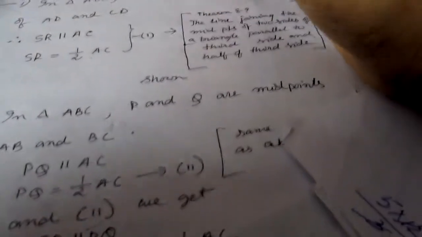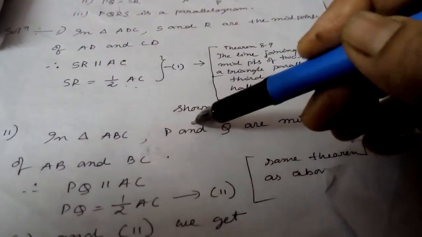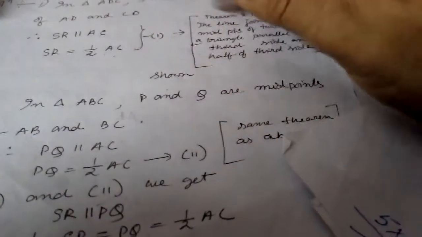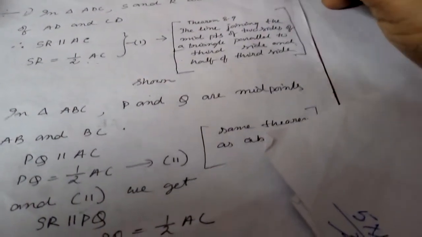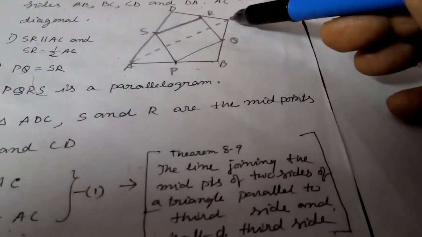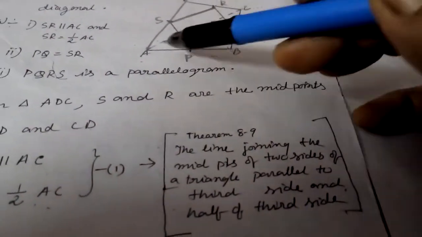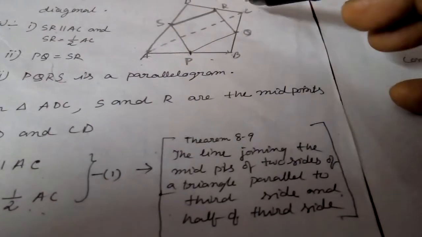Secondly, we have proved the first condition, so this is shown. Now in the second case, we take triangle ABC. In triangle ABC, P and Q are the midpoints of AB and BC.